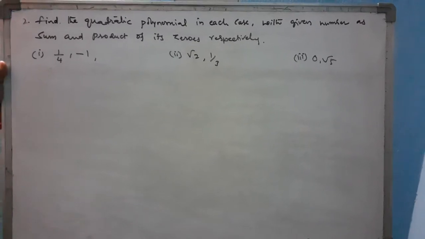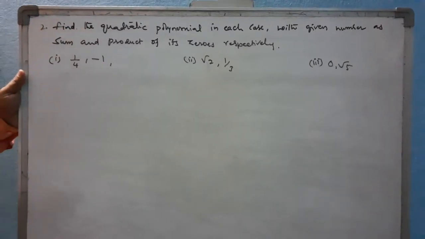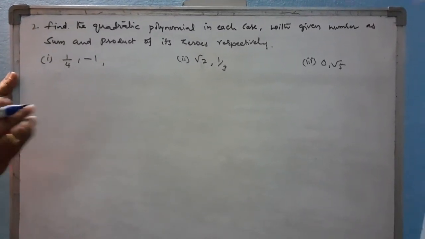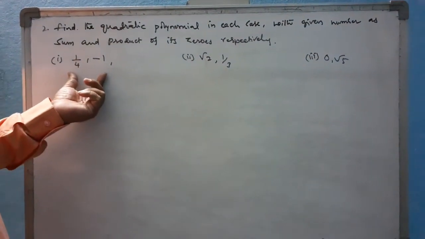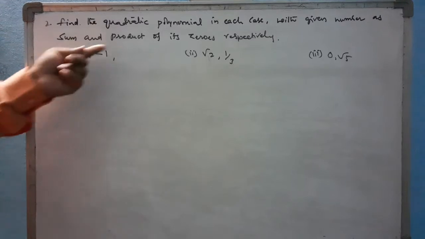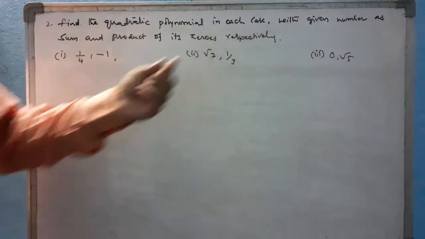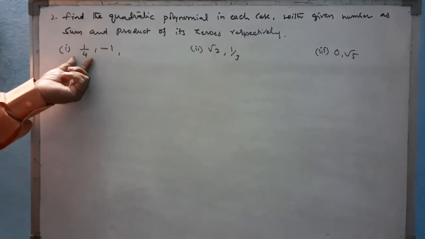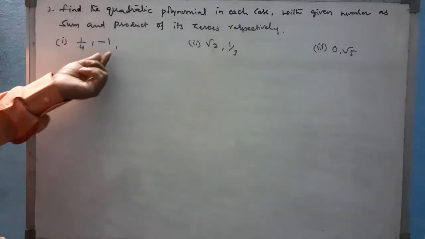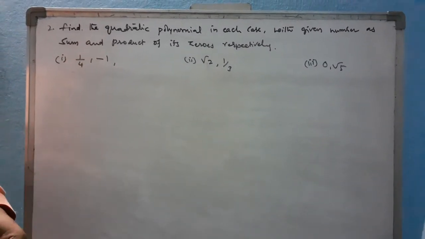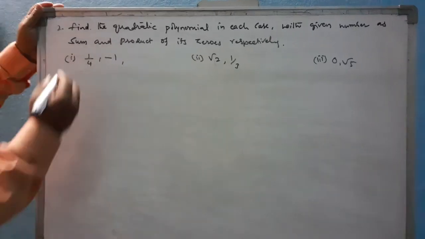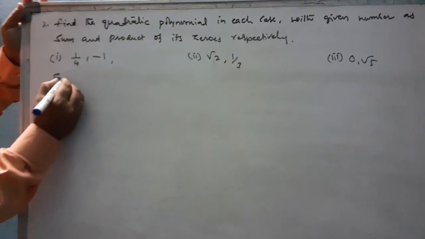So here we have to find the quadratic polynomial in each case. Here the numbers are given as the sum and the product of its zeros. Here 1 by 4 is the sum of the zeros and minus 1 is the product of the zeros. So now we have to find the quadratic polynomial.